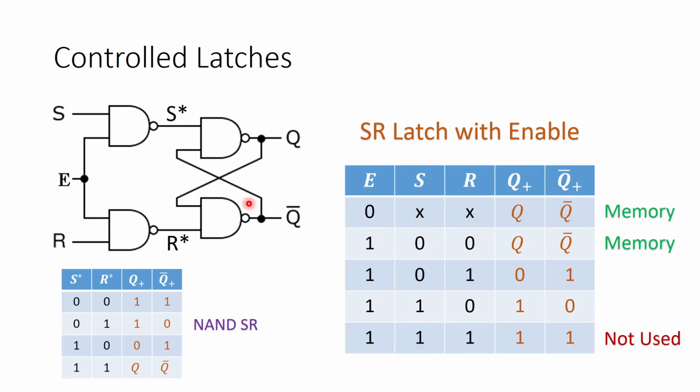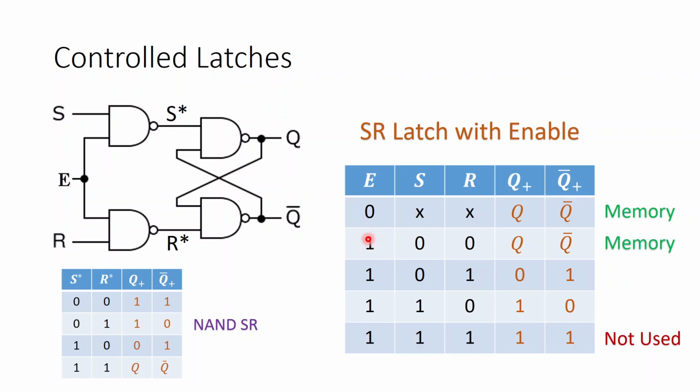Now when it is working, when we have activated the latch by giving E as 1, then S star and R star are influenced by S and R. So now if S and R are 0, then S star and R star will become 1 and 1, and then we are achieving the memory state while the circuit is in operation.